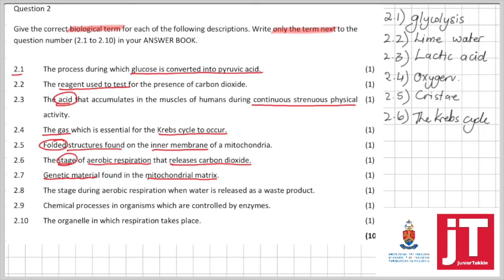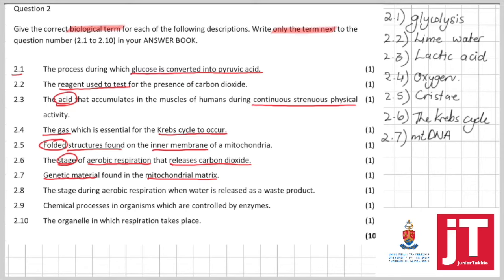If it's found inside the mitochondria, here we're looking for mitochondrial DNA, and we can use the abbreviation mtDNA, or we can write out mitochondrial DNA. It is very important that we reference the fact that it is not just DNA, it is mitochondrial DNA.